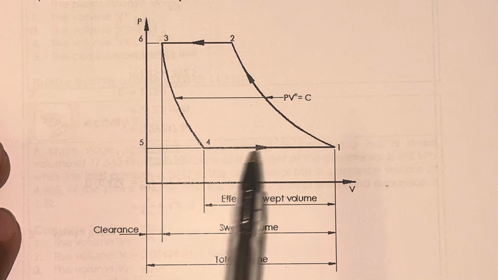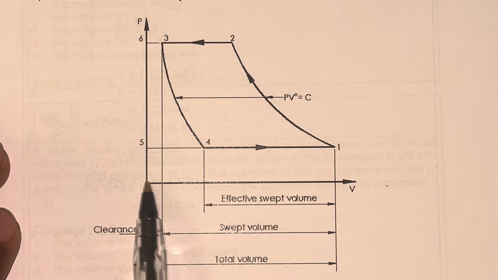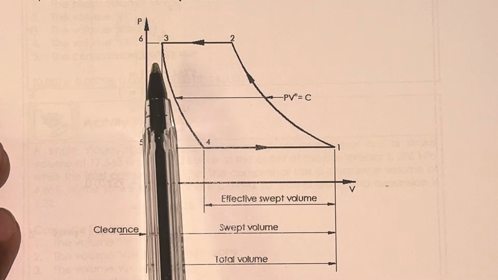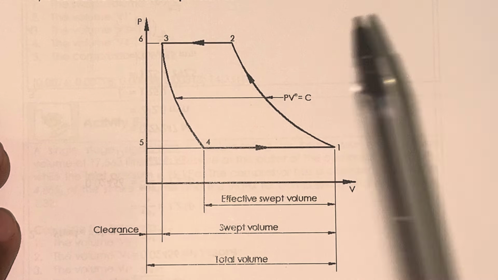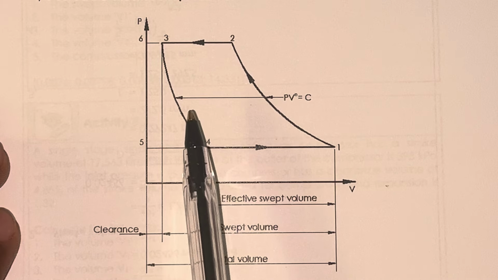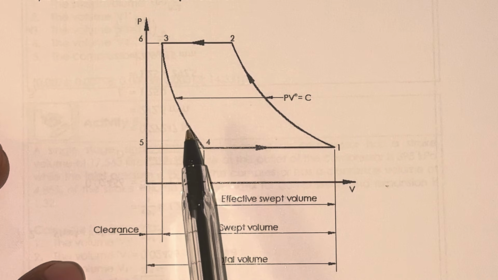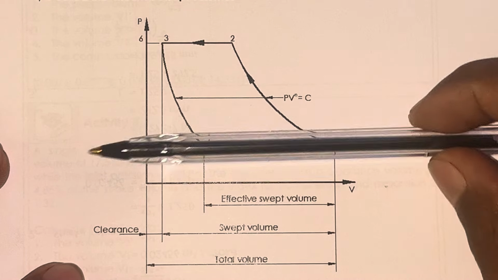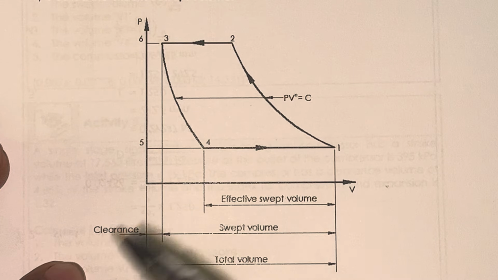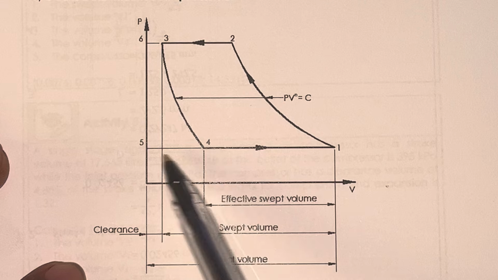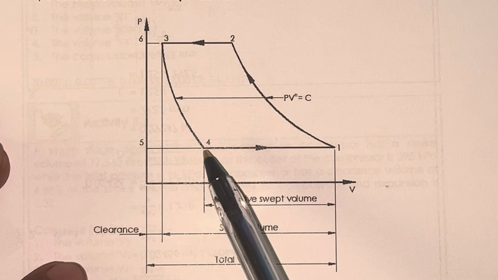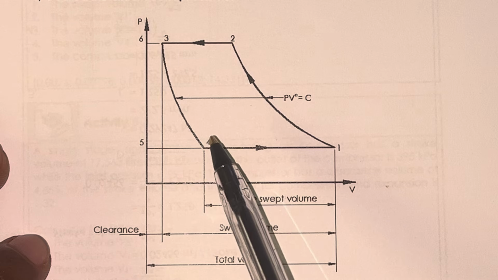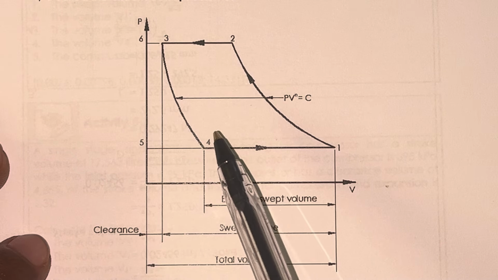So simply meaning there is something happening between point 3 and point 4. When we are at point 4, we are referring to that as intake pressure. So we have a reduction.